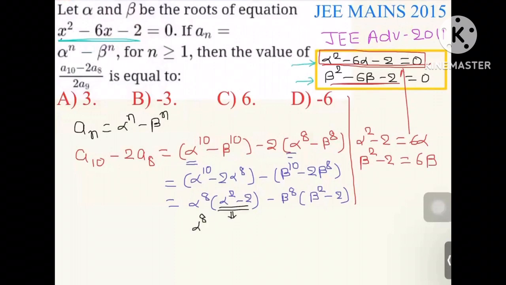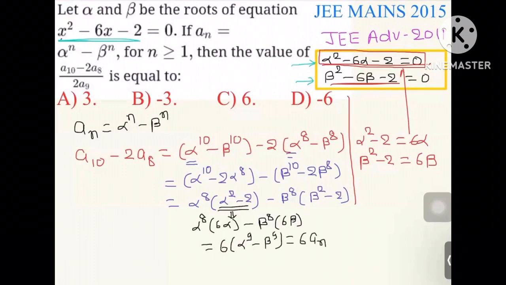Alpha to the power 8 into 6 alpha minus beta to the power 8 into 6 beta. So you will get 6 times alpha to the power 9 minus beta to the power 9, or you will get 6 times a9. Now in the question, what is given to us?